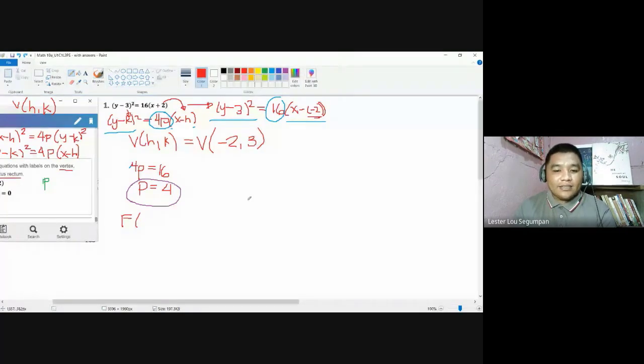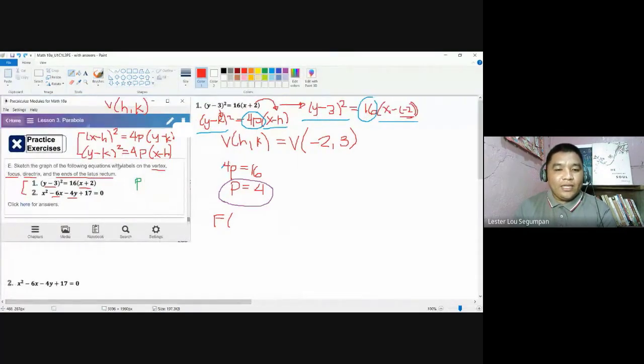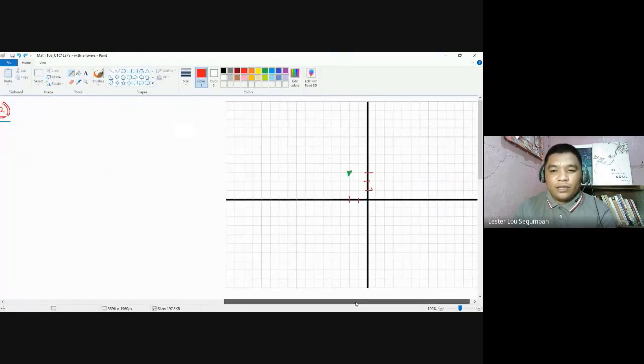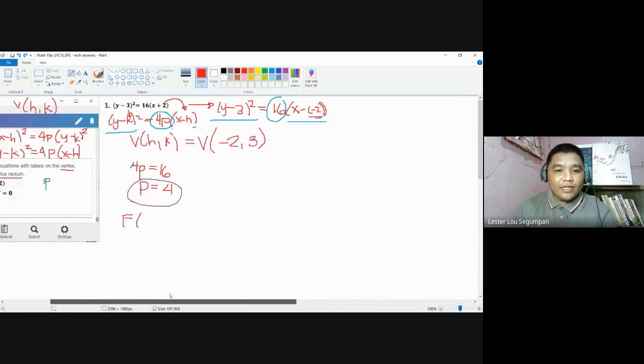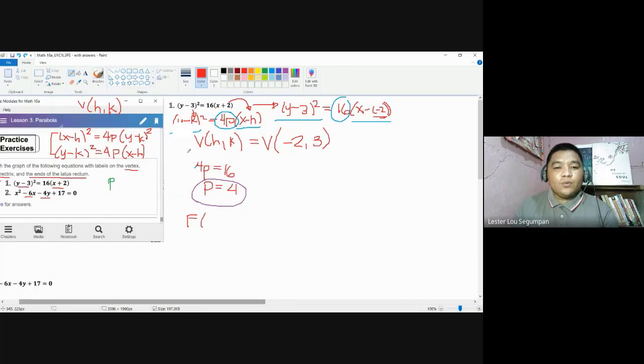It's not asked here, but we need to identify first the direction of the parabola to help us locate the focus, because if we know that it's opening upward or downward, we would know that the focus is on the interior of the opening of the parabola. Well, look at our given. It is with the variable y that is being squared. This is a signal that it is opening to the sides, either to the left or to the right.